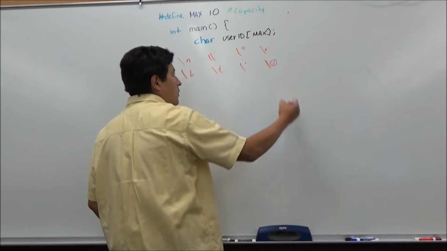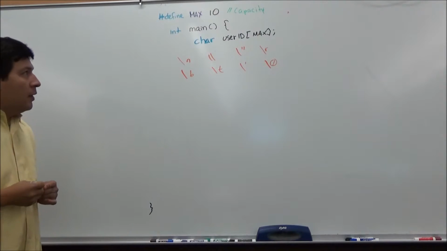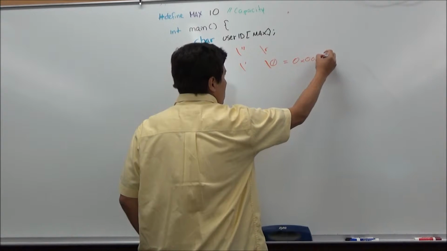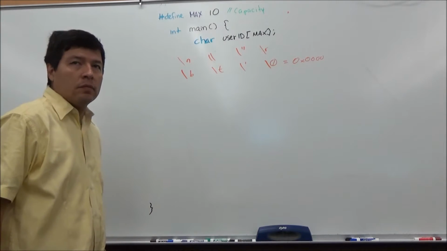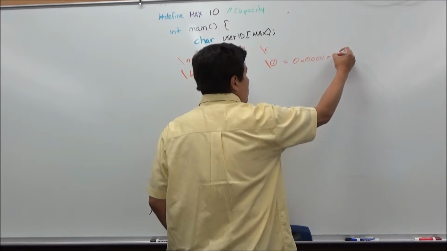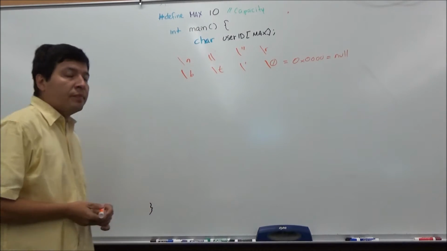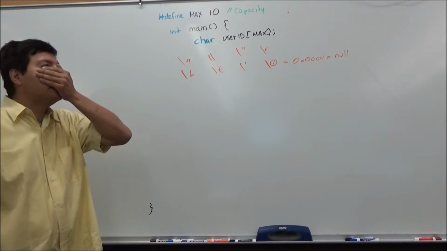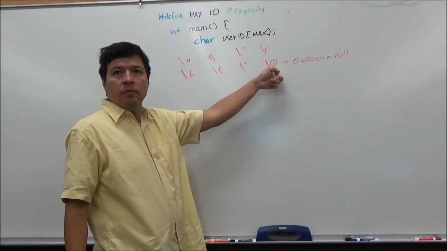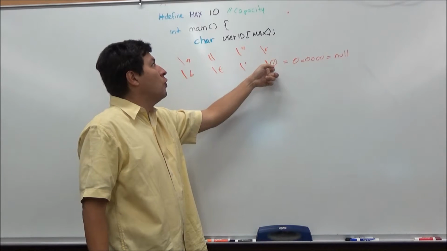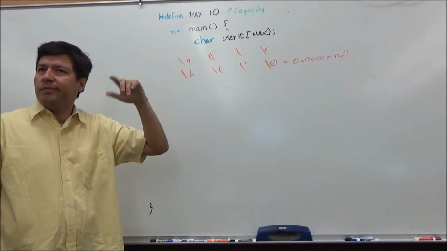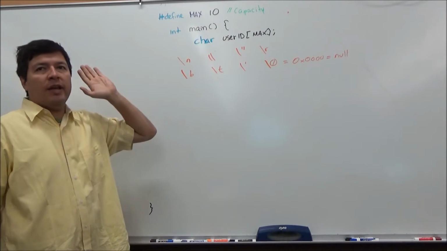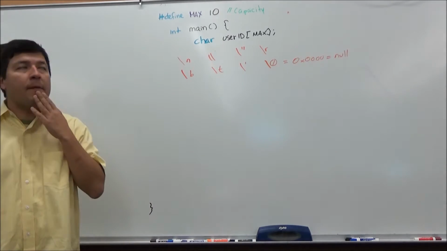Okay. And there's this one I wanted to show you. The \0. That backslash 0 is binary 0. It's also known as a null. And we're going to use this character, binary 0, instead of using that current size, to indicate that's the end of the array.